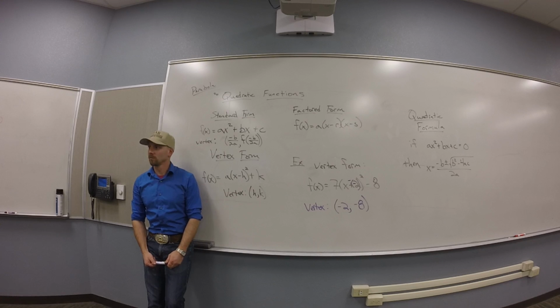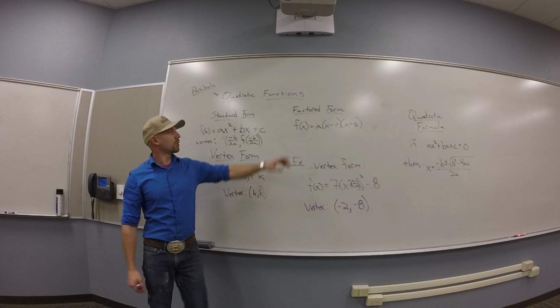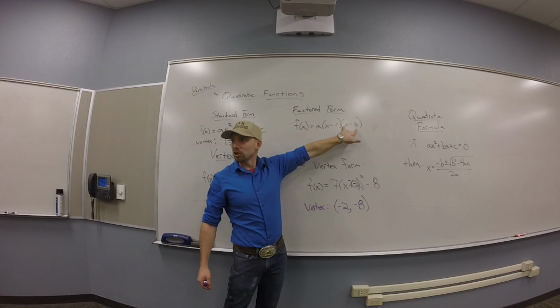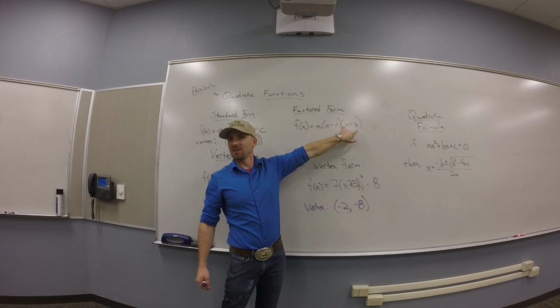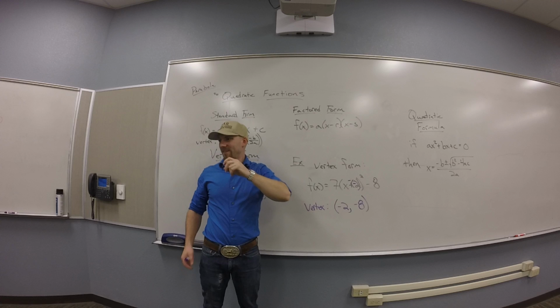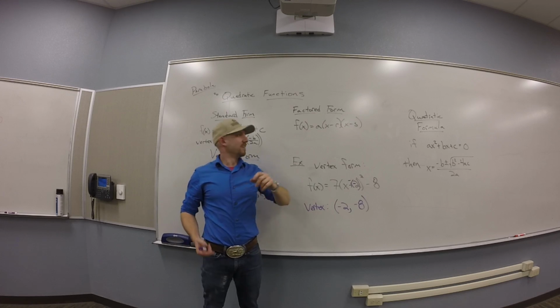Is there anything else that lets you use shifting rules like the factored form? On the factored form, I don't have a consistent shift. You shifted both up or down by r and up or down by s at the same time while stretching both of them.